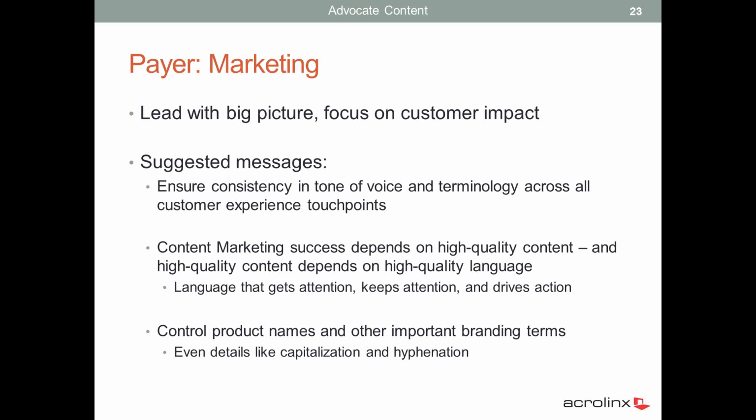Content marketing, if that's an area that they're talking about, if you haven't heard of content marketing, you should understand a bit more about it. But content marketing depends on having high quality content, not just a great story, but also language that is readable, understandable, gets the fluff and the pomposity out of the way so that people can focus on the content. And then finally, marketing certainly cares about branding and about consistency. Those are all areas where you can get marketing attention and support.